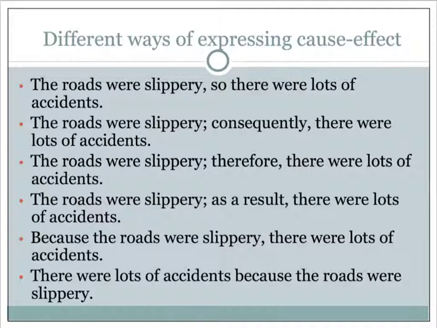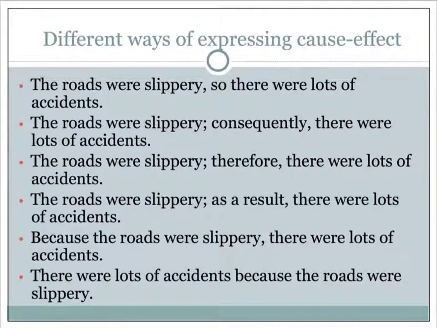Another way of combining sentences is to use a semicolon plus either a transitional expression or what's called a conjunctive adverb. The roads were slippery; consequently, there were lots of accidents. Consequently is a conjunctive adverb, just like however, furthermore.